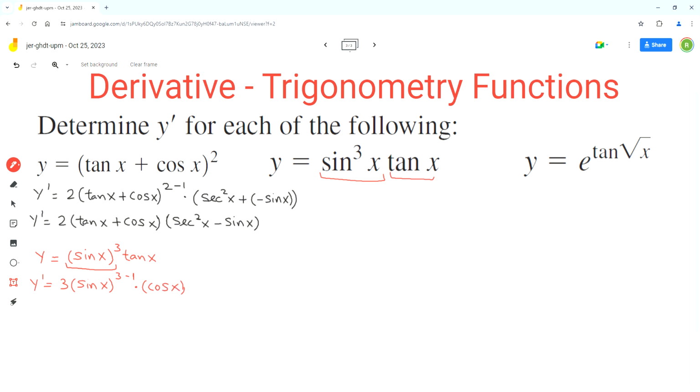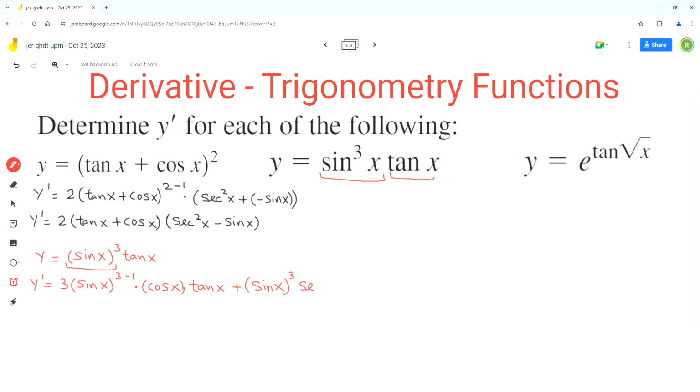This is the derivative of the first function times the second function, plus the first function times the derivative of the second function, and the derivative of tan is secant squared.